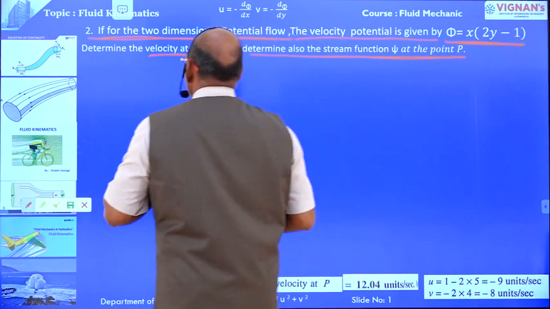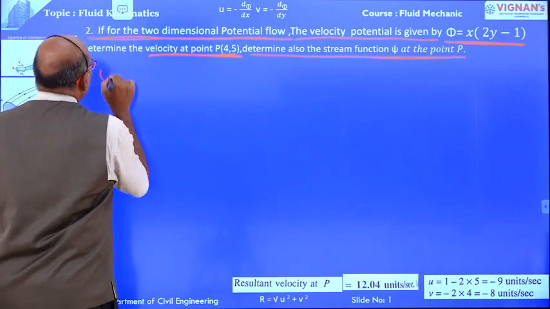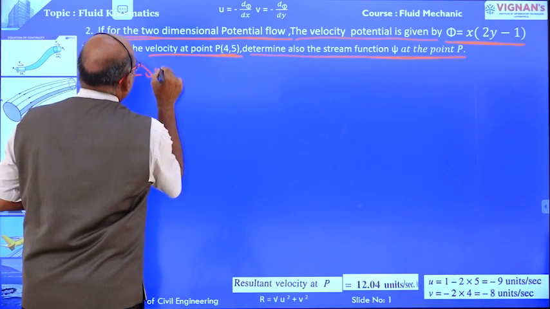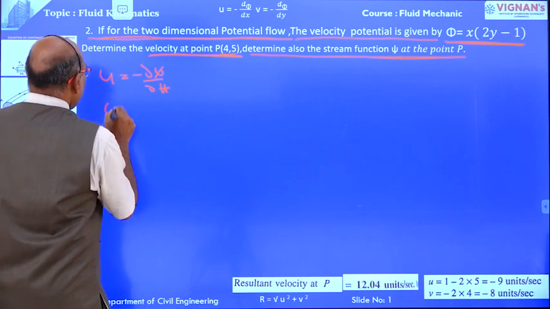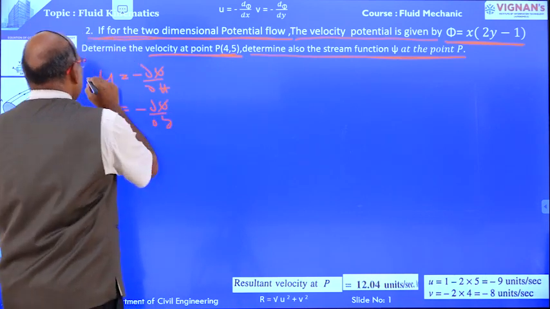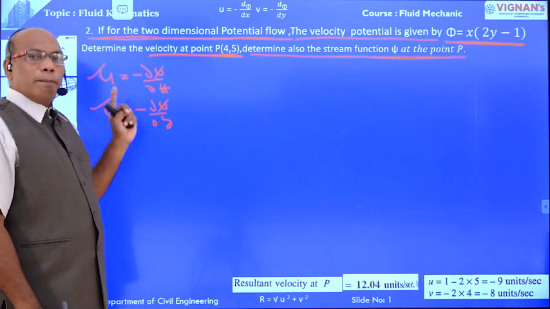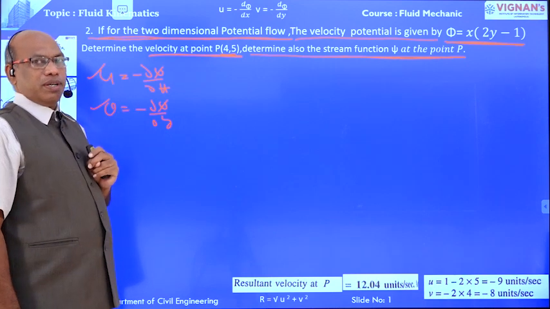Based on that, we know one formula: u is equal to minus dou phi by dou x, and v is equal to minus dou phi by dou y. These two equations are based on the velocity potential function definition. Right?